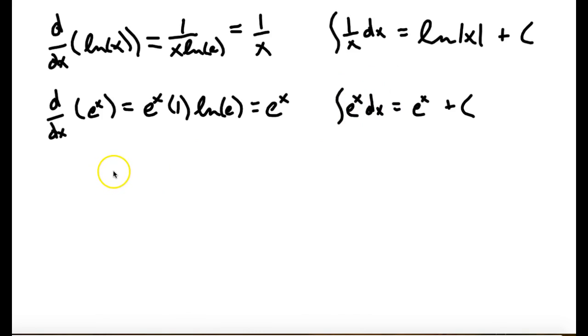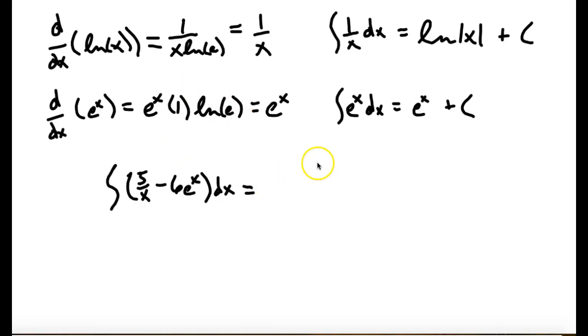So, for example, if I give you the antiderivative of 5 over x minus 6 e to the x dx. Well, we can take this piece by piece, and we can say, well, 5 over x is the same as 5 times 1 over x, right?